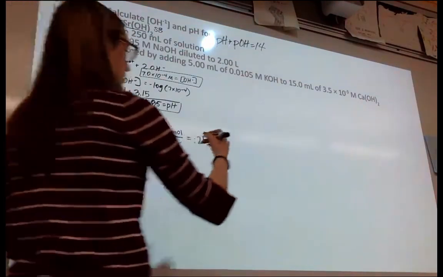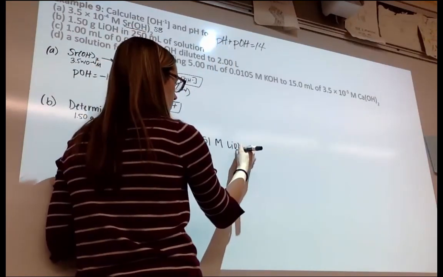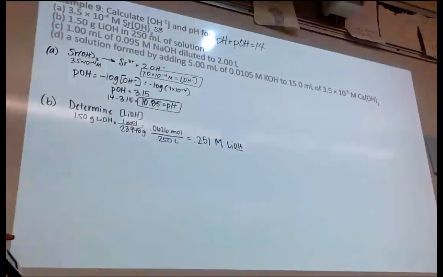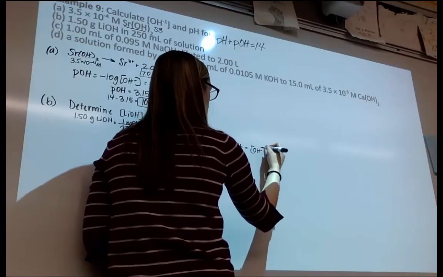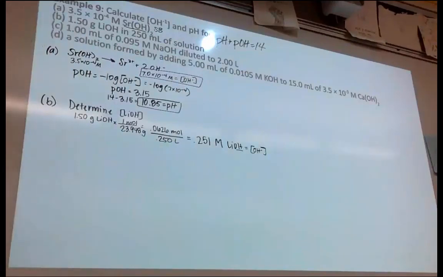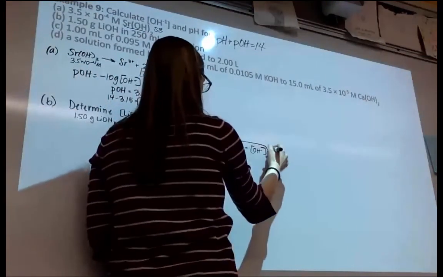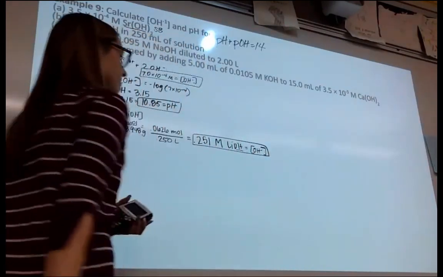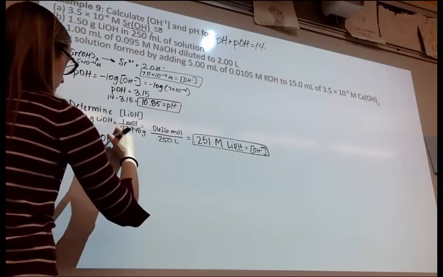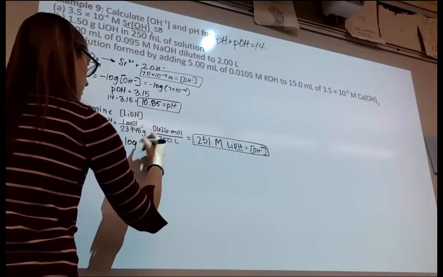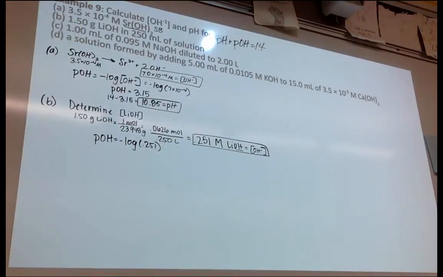That's LiOH. Now I like just doing this just to pay attention. There's one OH in LiOH, so this is equal to the concentration of OH minus as well. So there's part of our answer, because every time it wants us to calculate OH minus. So then if we take the negative log of that, that's giving us pOH.